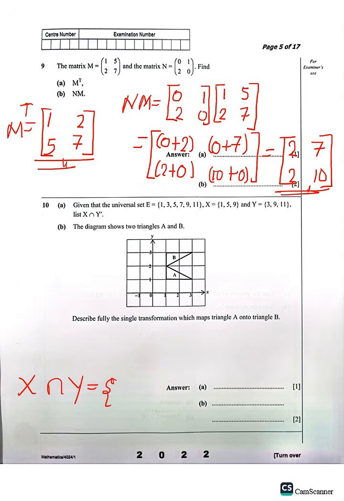So for this one, the elements that are common will have 9. So 9 is common. So 9 is the only element that is common. Now we want to list the x intersecting y complement. So the elements from y, including those that are intersecting from x, should not be part of our answer.